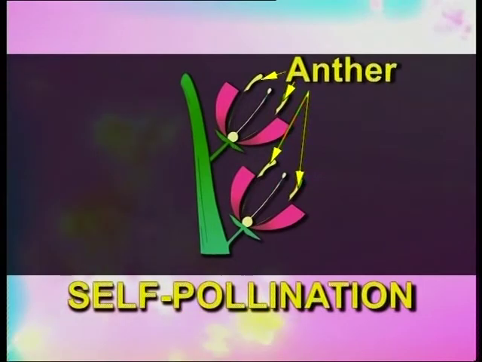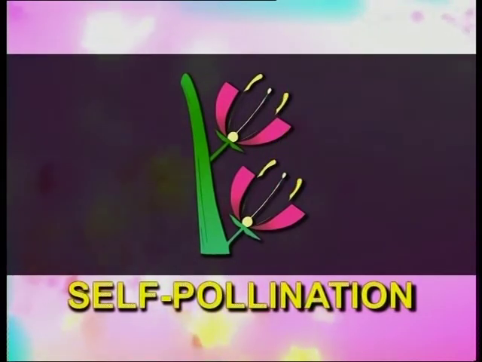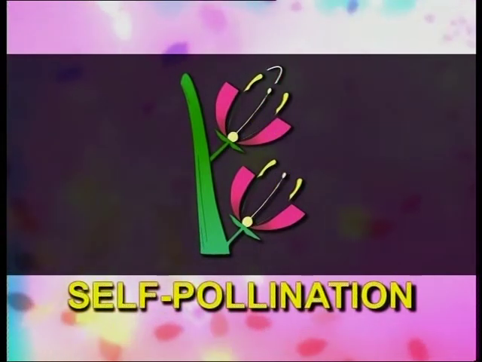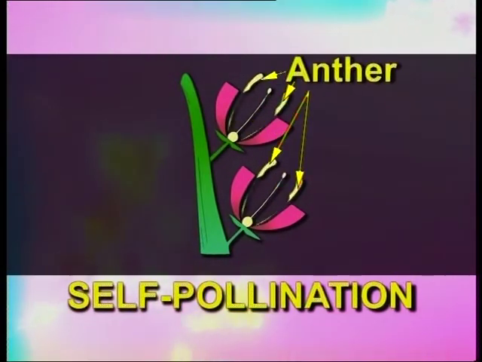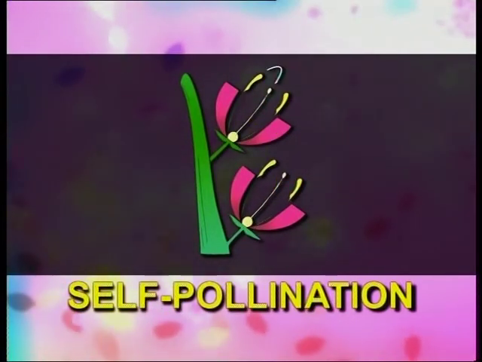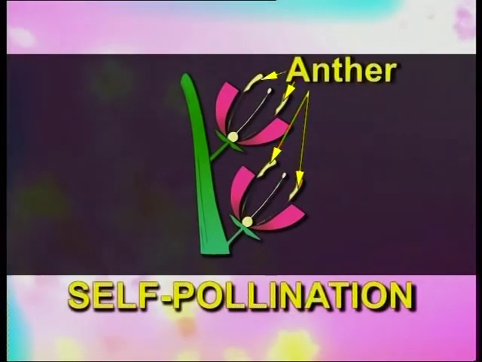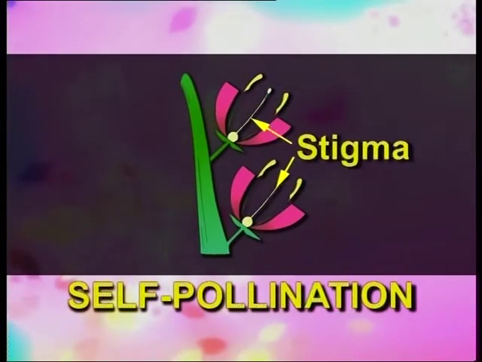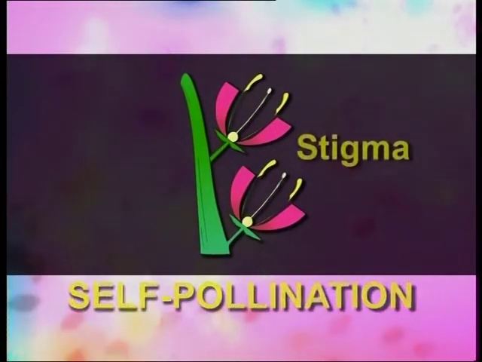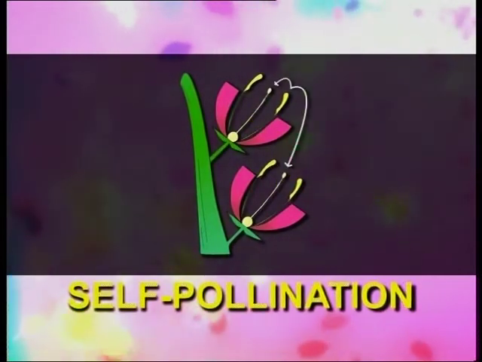Here, take a look at this. You can see that self-pollination occurs when pollen grains are transferred from the anther to the stigma of the same flower. It also occurs when pollen grains are transferred from the anther to the stigma of a different flower on the same plant.